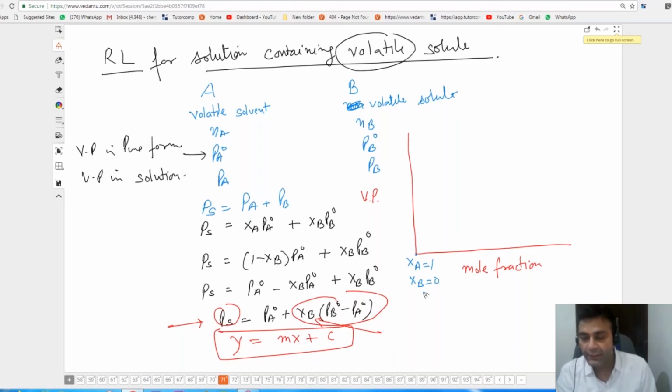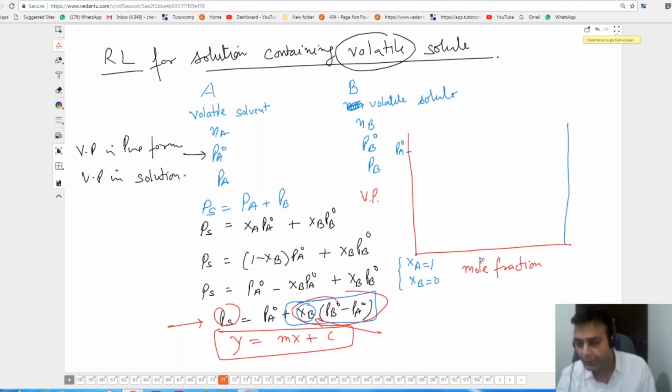But in your syllabus, it is only up to the binary solution, right? So I am considering here that only solvent is there, solute is not there. Then mole fraction of A is equal to 1 and B is equal to 0. In that case, I'll put XB is equal to 0 and the whole of this multiplication will become equal to 0, and this is the PA naught only now. Is that clear? This is the vapor pressure of the pure component here.